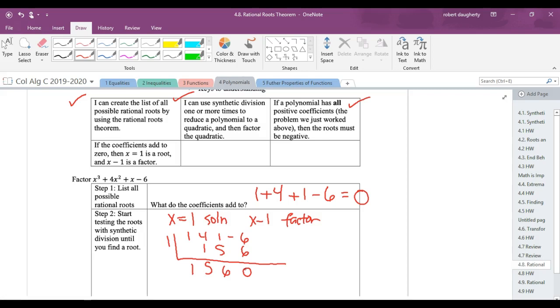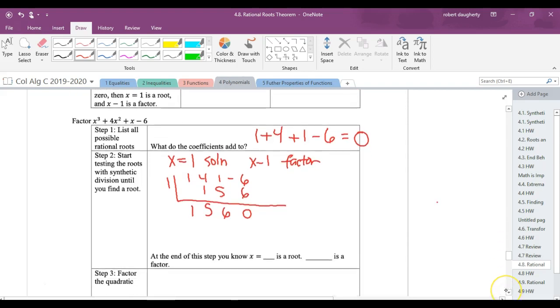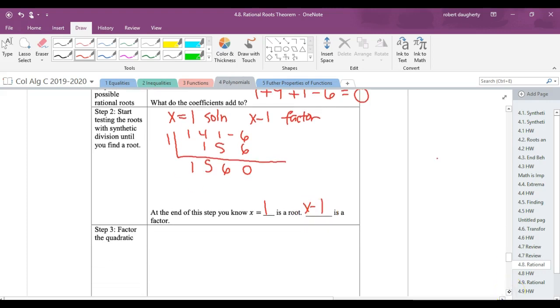There are only two shortcuts you're going to learn. If all the numbers are positive, only spend your time on negative roots. If the coefficients add to 0, you know to start with x equal 1. Okay, so what does this tell me this polynomial is? X equal 1 is a root, x minus 1 is a factor. So I'm left with what? X minus 1 times what?